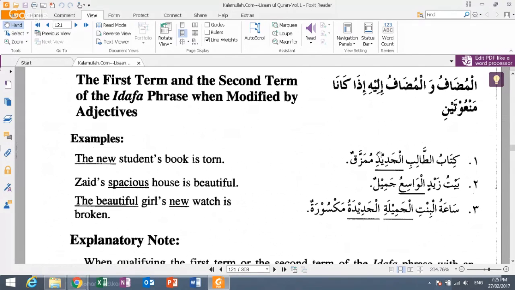Sifat is majroor because we have to follow in cases. Remember? So because at-talibi is majroor, al-jadidi we have to say majroor too. So al-talibi, in fact, this is mudaf ilayh. That's why this is jarri case.